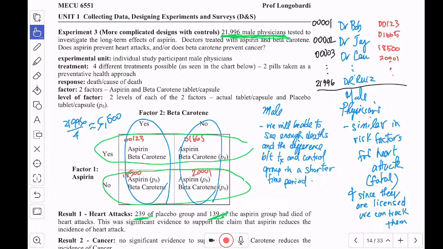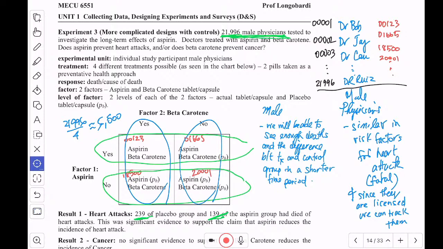So what we count on is through the randomization process, with 5,500 physicians in each group, we hope the groups have, on a variety of variables, the variation of age, dietary habits, genetic factors that might influence heart attack, and income and education are similar as groups in each of the 4.